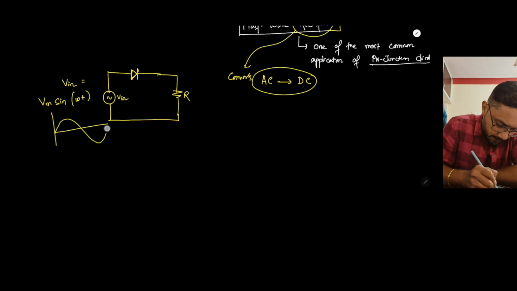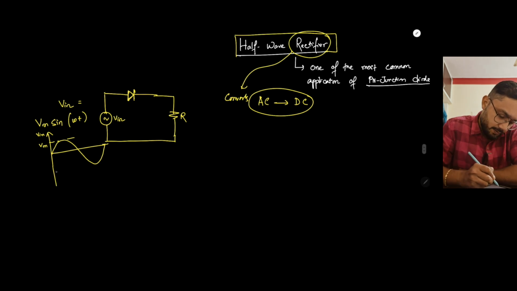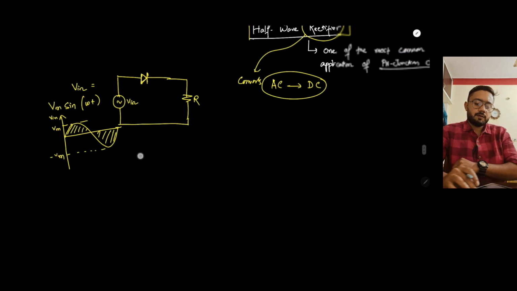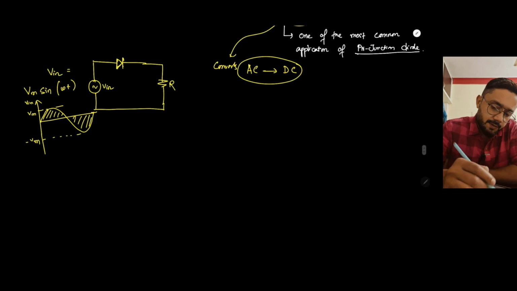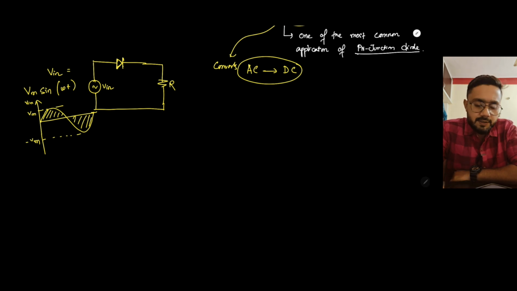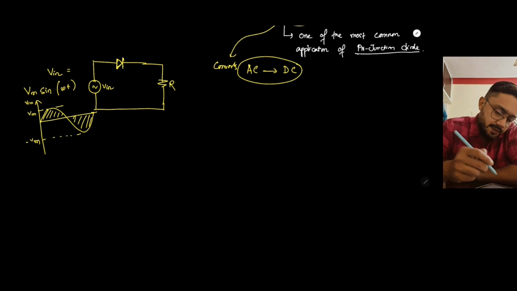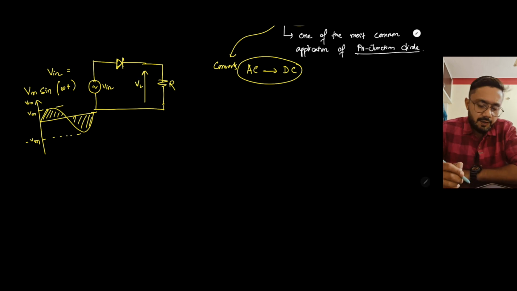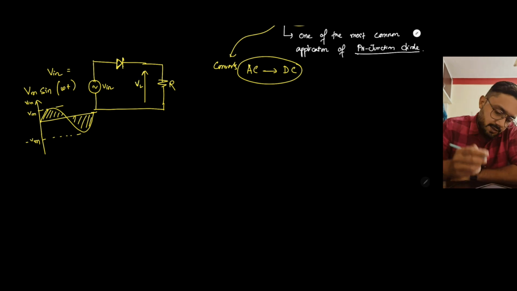It will look like this, and this is the peak value of the voltage. This is the input voltage. What will the output voltage look like? By output voltage I mean the voltage across this load. Now to analyze, let's first consider the positive cycle of the AC.